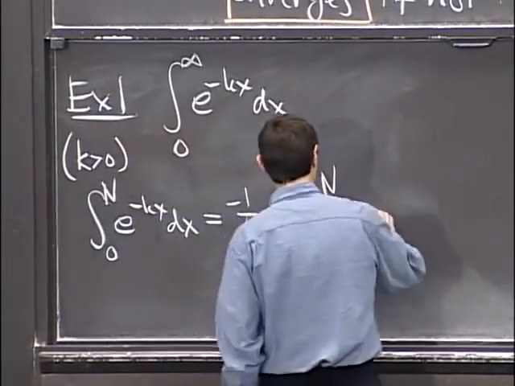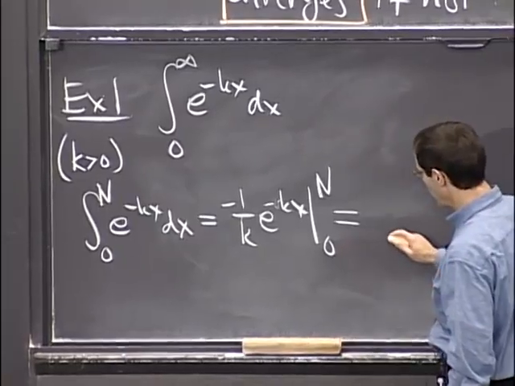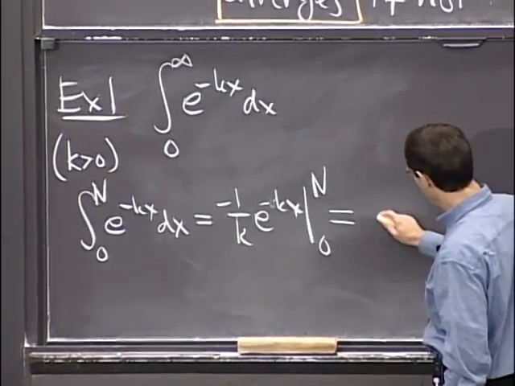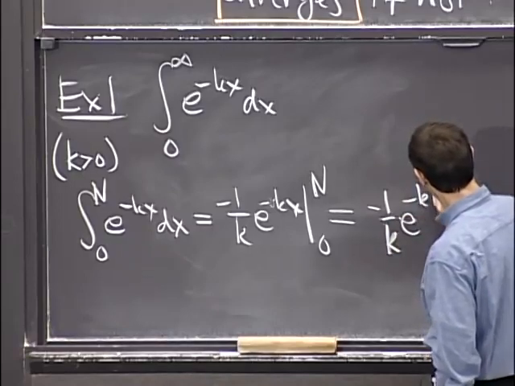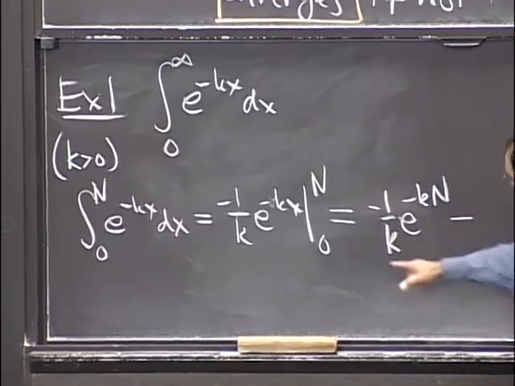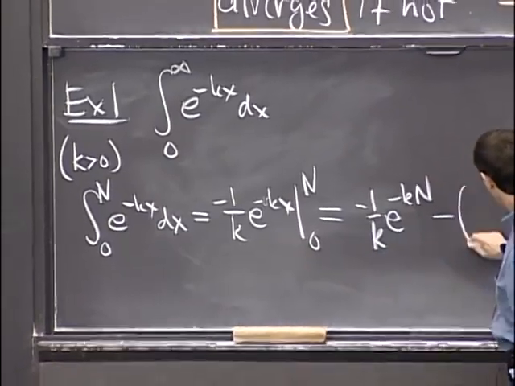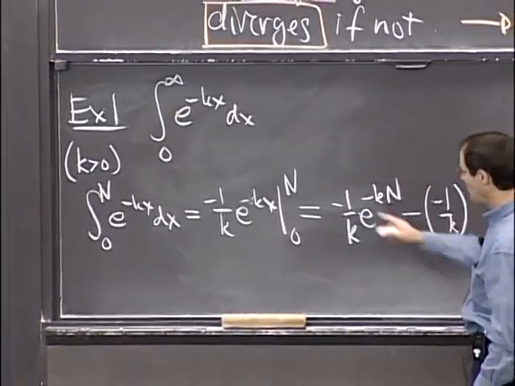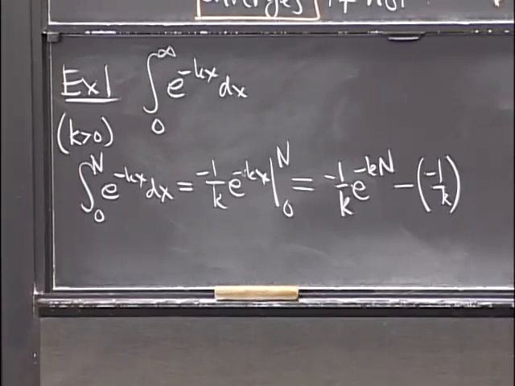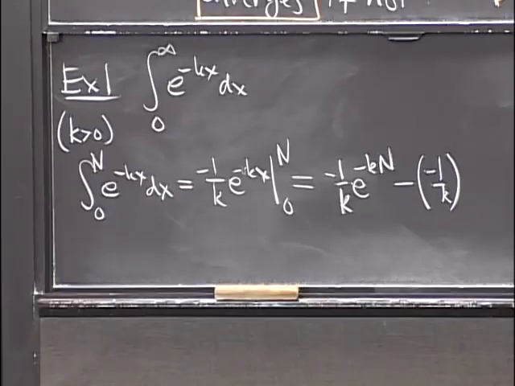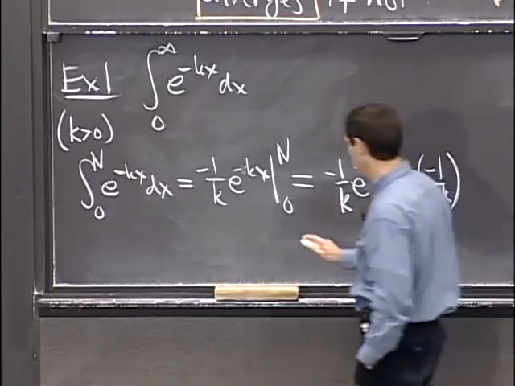And that, if I plug in these values, is minus 1 over k e to the minus k capital N minus, and if I evaluate it at 0, I get a minus 1 over k times e to the 0. All right? So there's the answer. And now we have to think about what happens as n goes to infinity.